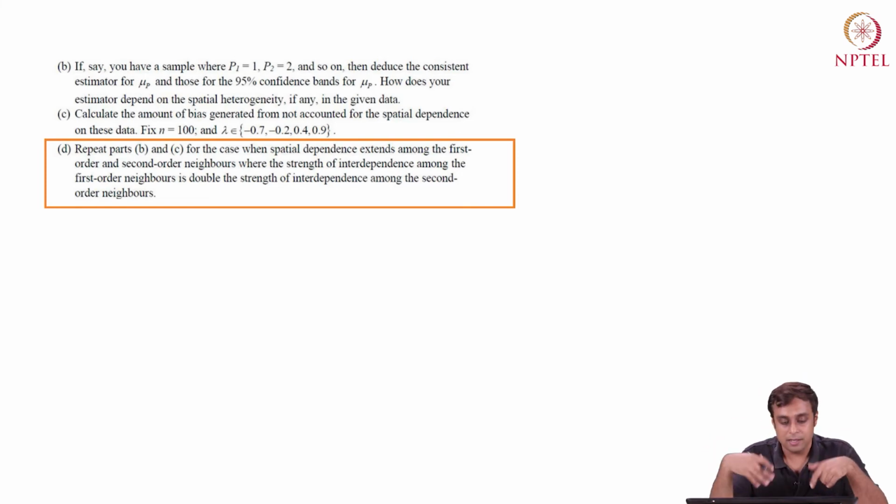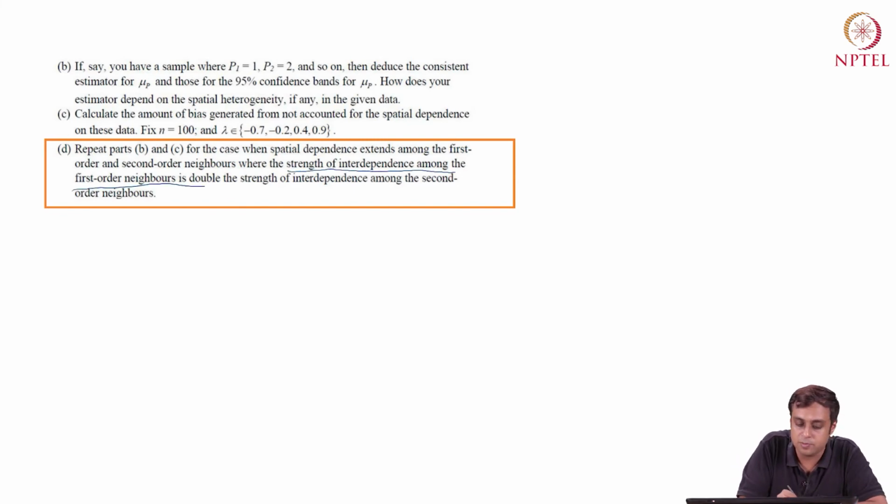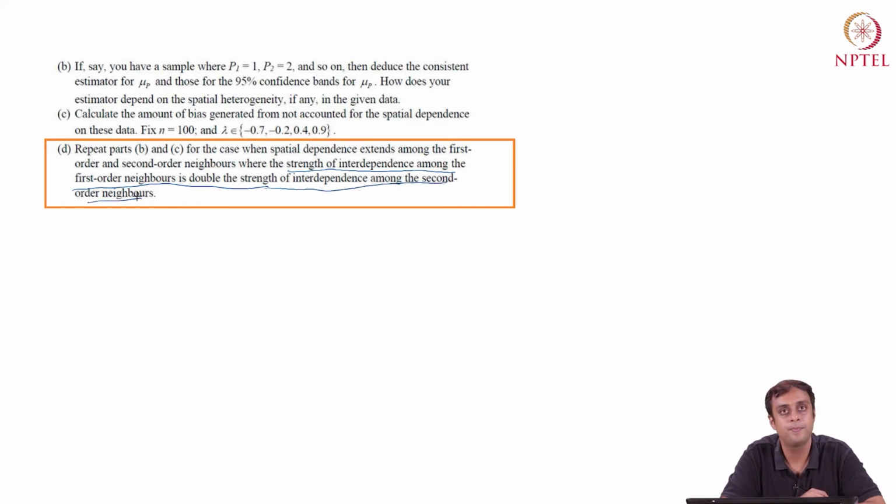Not only that, the strength of interdependence among the first order neighbors will be double the strength of interdependence among the second order neighbors. So now we are relaxing this restriction that spatial spillovers or spatial correlation only occur with the first order neighbors. We are saying that, well, it can also occur with second order neighbors.